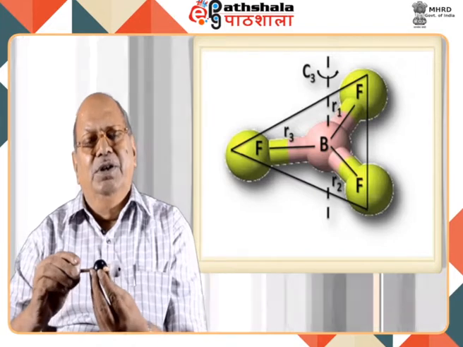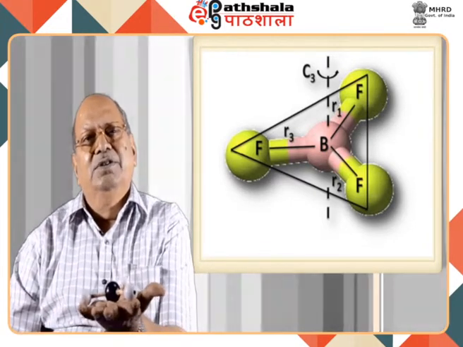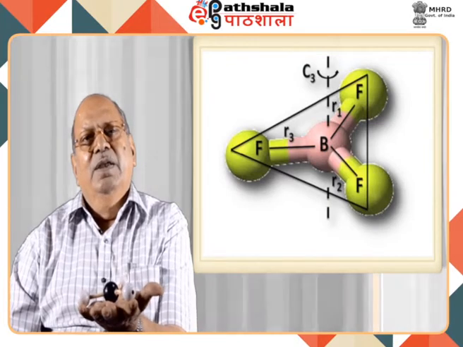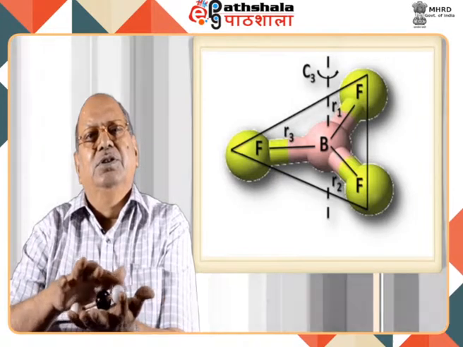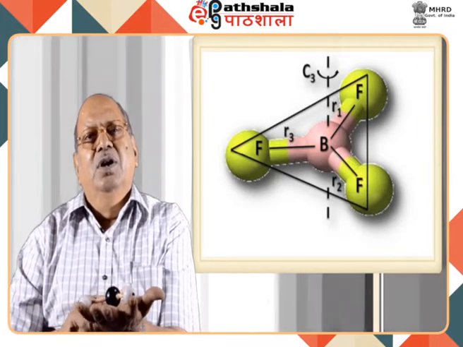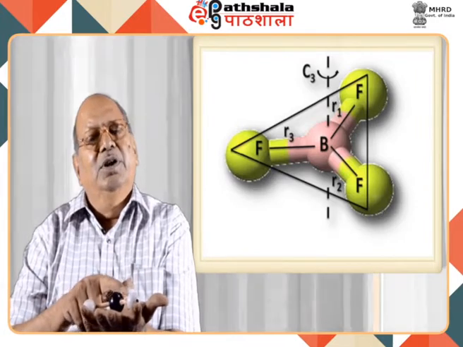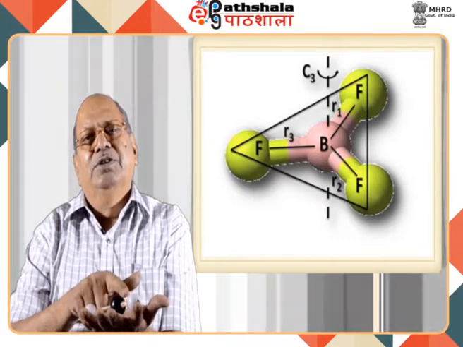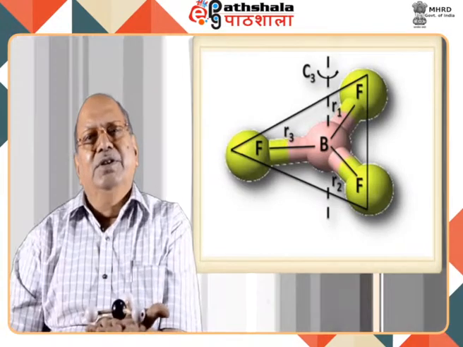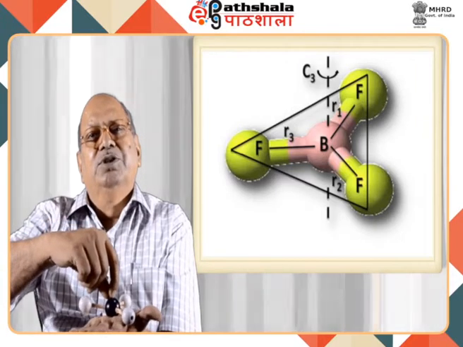Now, let us take sigma h. Sigma h means the plane of the molecule as it lies on my palm, and it means all the three atoms are not shifted. How many bond vectors are not shifted? 1, 2 and 3. Here I am taking bond vectors, not atoms. So, 3 bond vectors are not shifted. Let us take the C3 axis which passes perpendicular to this plane.